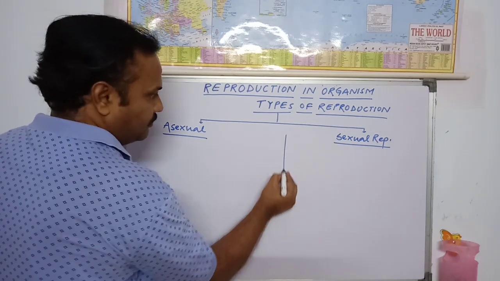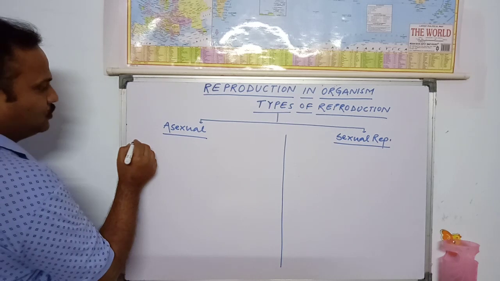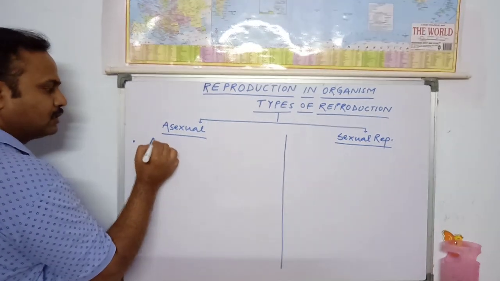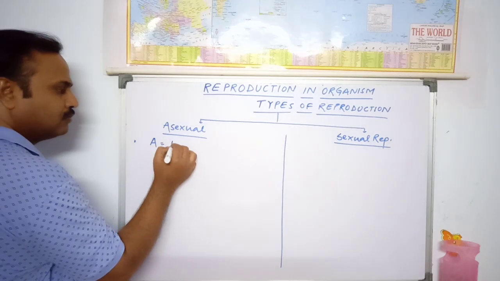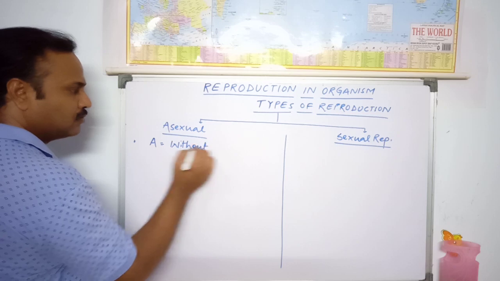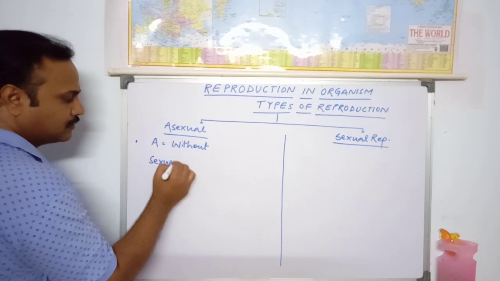Now the basic difference between these two, sexual reproduction and asexual reproduction: A refers to without, sexual refers to the fusion.